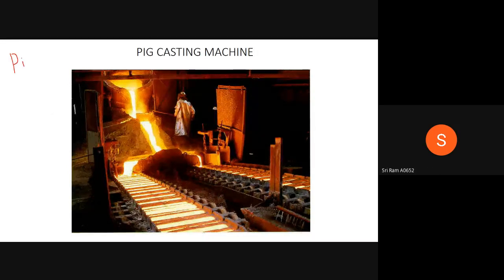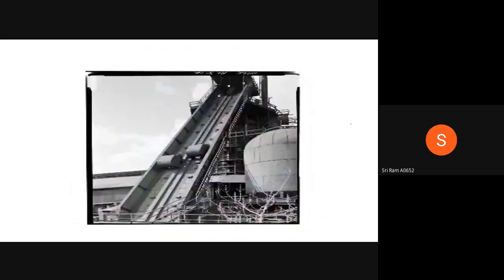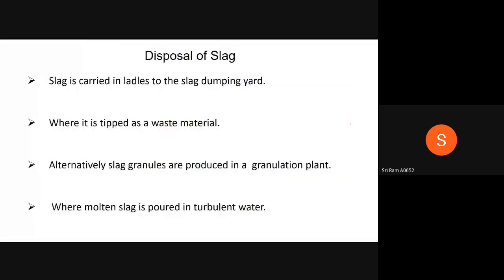Ma'am, the temperature of the hot metal is maintained in the ladle, but not in pit casting. Temperature will vary, ma'am, in pit casting. How? You are very near to the answer. Very good. Ma'am, the ground will absorb the temperature. There will be heat loss.